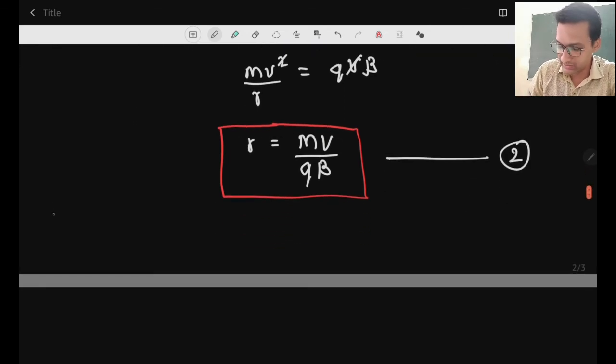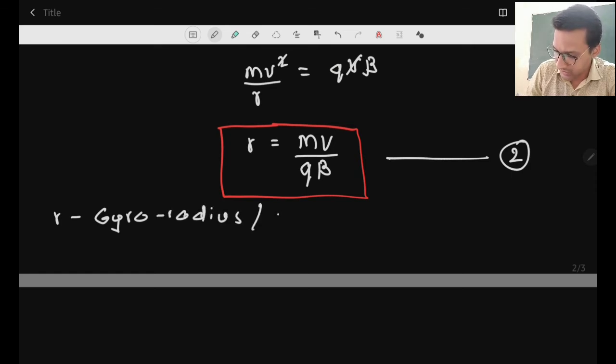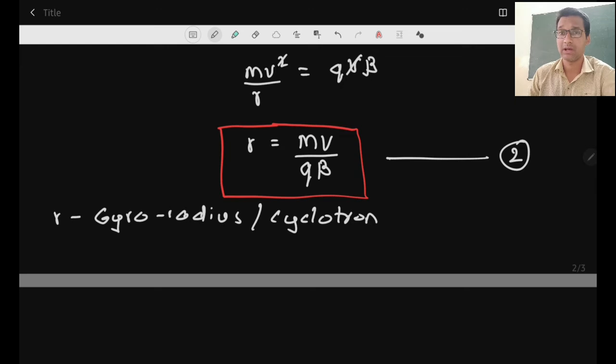and this radius r is also called the gyro radius, or it is also called the cyclotron radius, as this is the radius with which the particle rotates in that cyclotron machine.